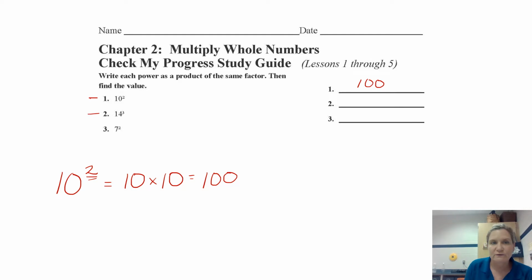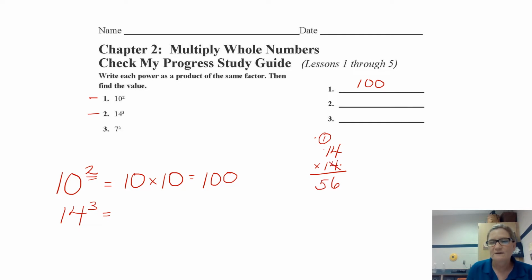Question number 2 is 14 to the third power. So we have 14 to the third power. I'm going to do my math on the side. 14 times 14. 4 times 4 is 16, carry the 1. 4 times 1 is 4, plus 1 is 5.